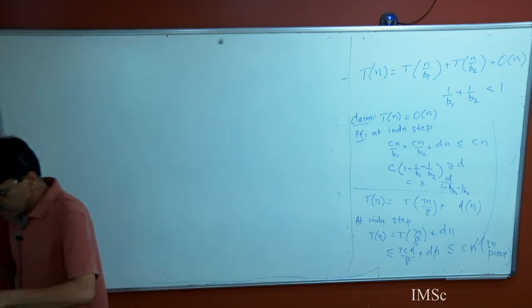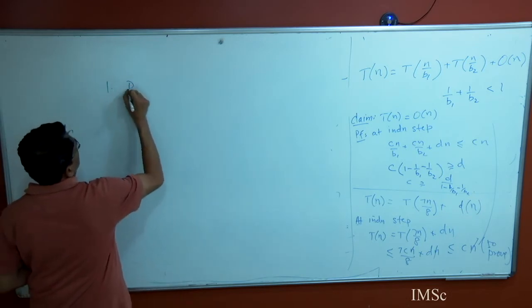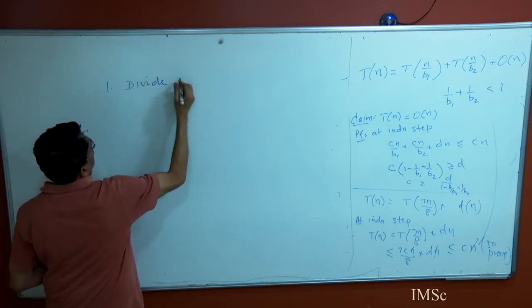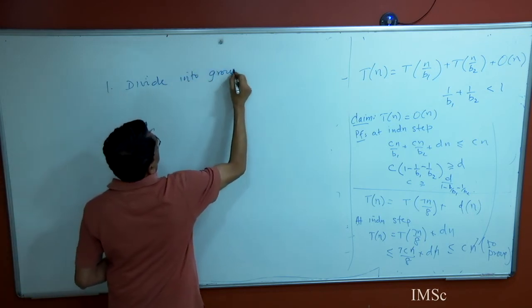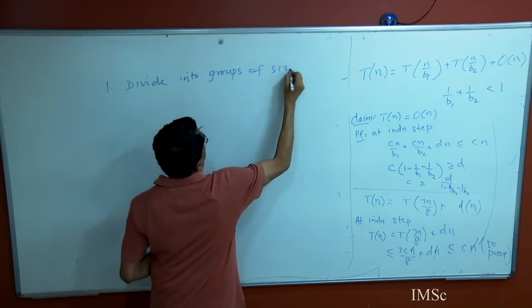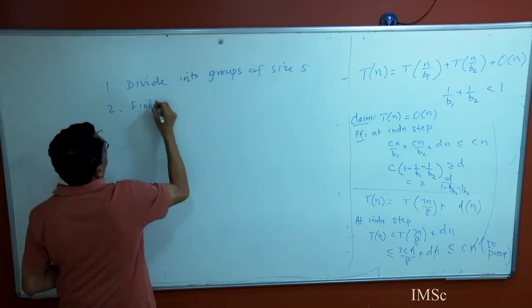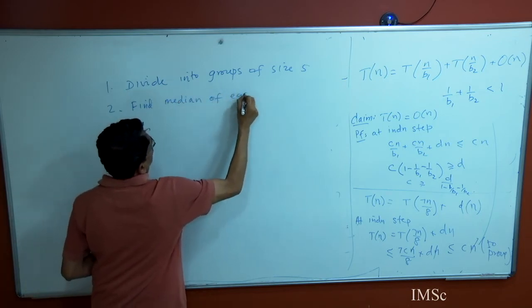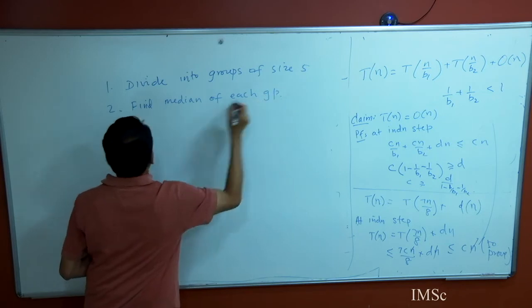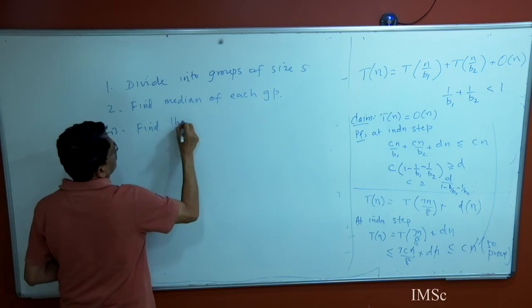So the first step in the algorithm, I said divide into groups of size 5. And then we said find the median of each group. And third step was find the median of medians.